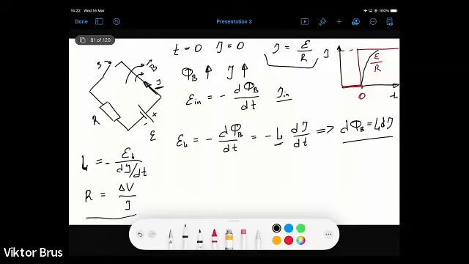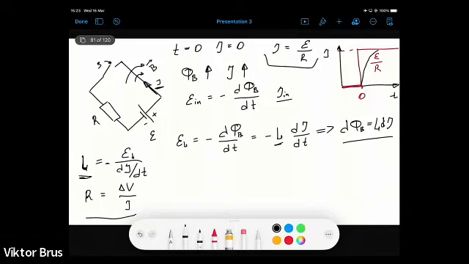Here we see the meaning of electrical resistance is actually the measure of opposition to electric current in the circuit. In analogy to the electric resistance, we can say that this parameter inductance L is a measure of opposition to the change of electric current in the circuit.